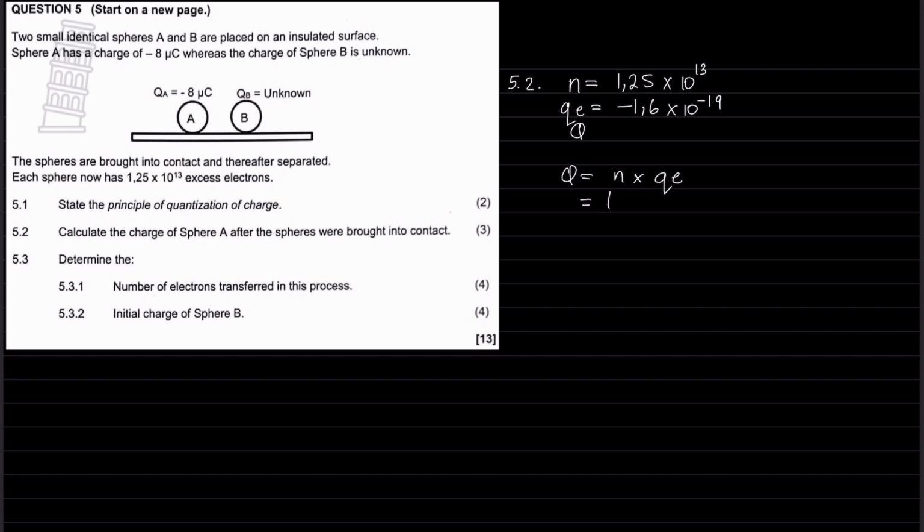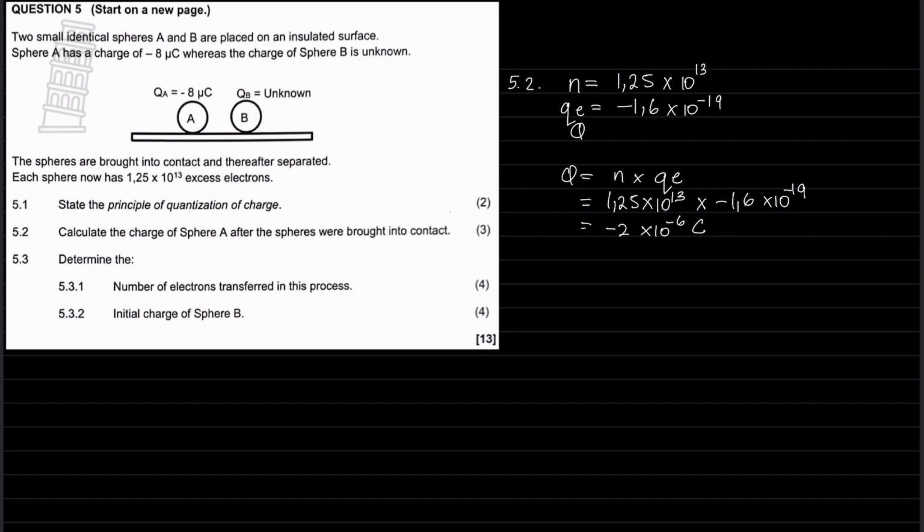We substitute 1,25 times 10 to the power 13 multiplied by -1,6 times 10 to the negative 19. And we put that in our calculators, and that's going to give us an answer of -2 times 10 to the power -6 coulombs.